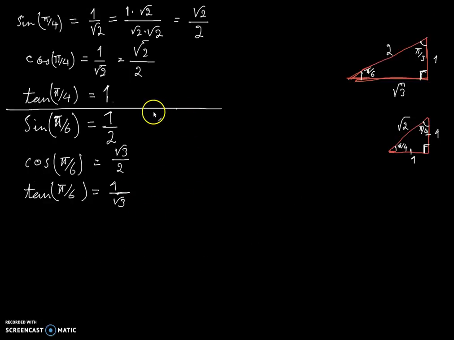Let's move on to 60 degrees, pi by 3. So sine pi by 3 is opposite by hypotenuse, so root 3 by 2.